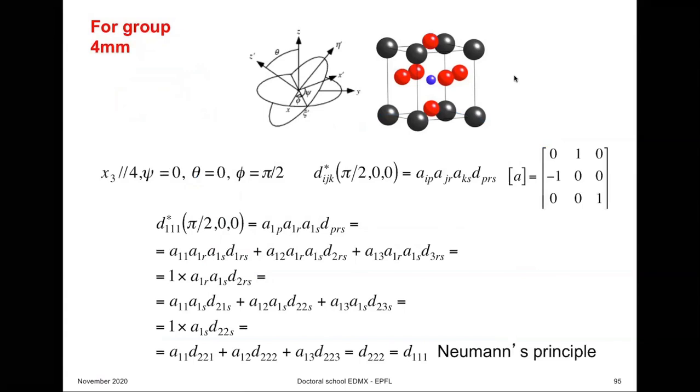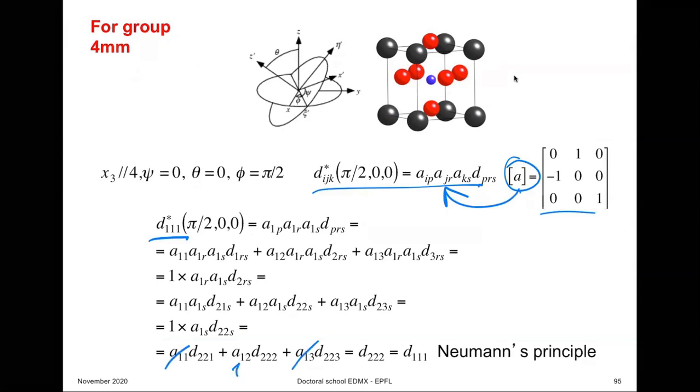So let's look at the D11 coefficient. After expanding this using the matrix A elements, this matrix here, we obtain that this is 0, this is 0, this is 1.